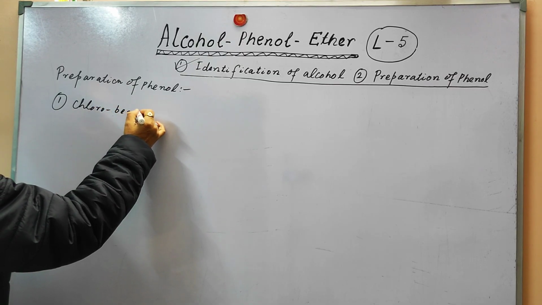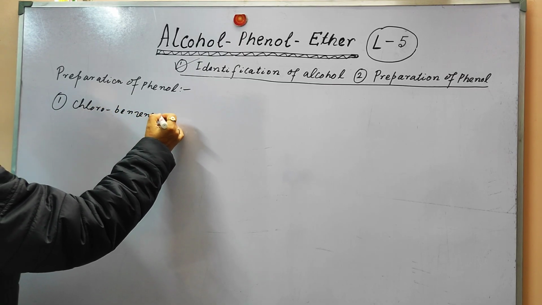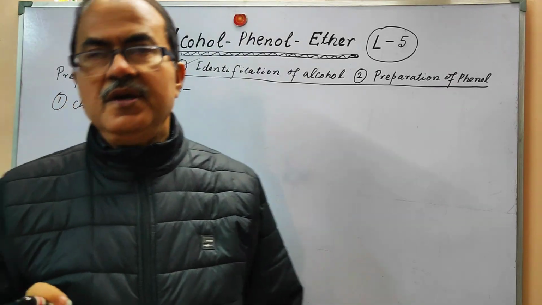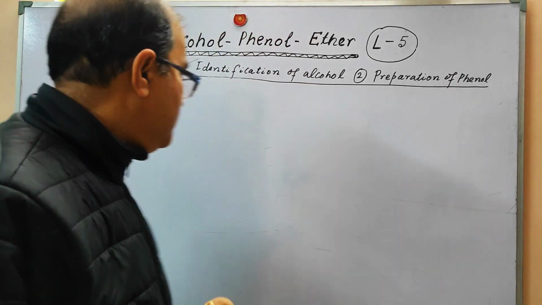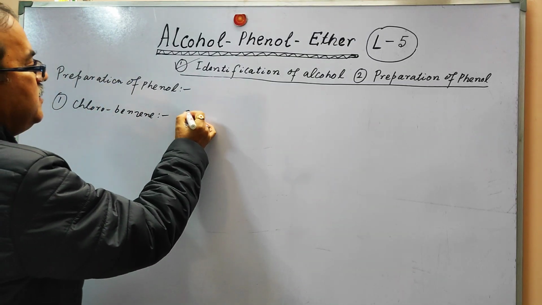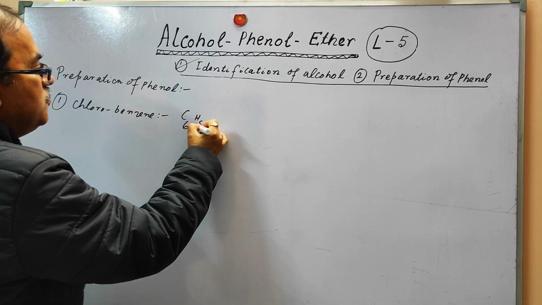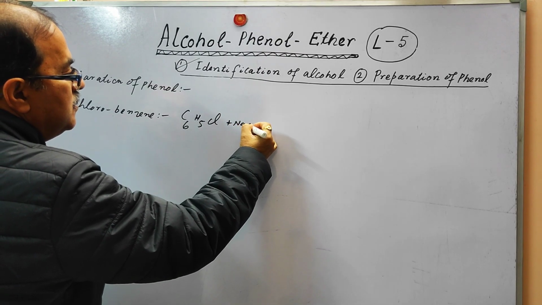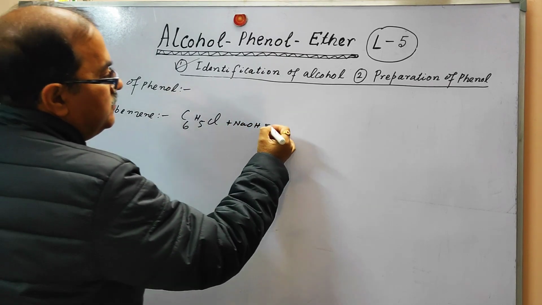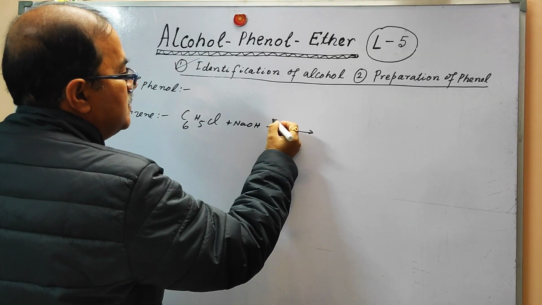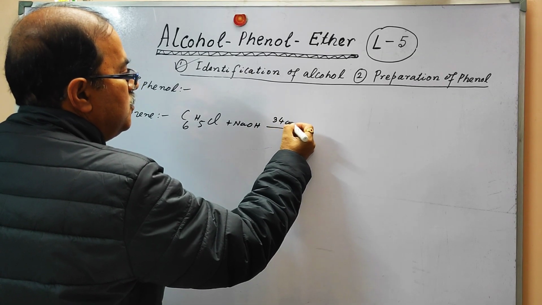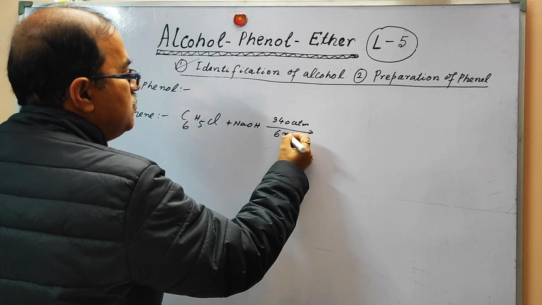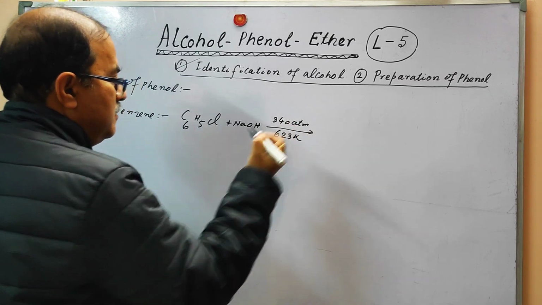When chlorobenzene is fused with NaOH at a very specific temperature, so we can write this is chlorobenzene. When it reacts with NaOH, the reaction condition is 340 atmospheric pressure and 623 Kelvin temperature.